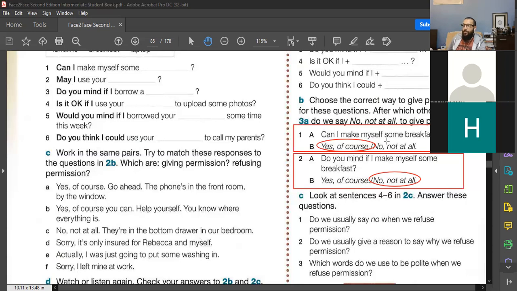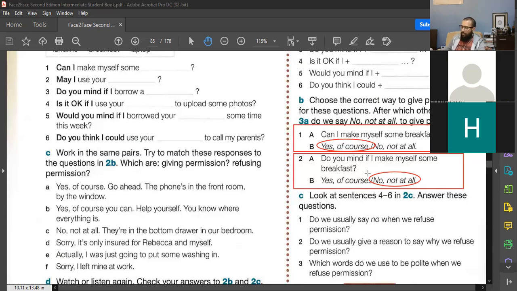Because if someone asks, do you mind? If you say yes, it means you mind. It means there's a problem. Do you get the idea? Do you mind is like in Arabic, do you object. If you say yes, it means you mind, so you won't give permission. So the positive answer to a do you mind question is always negative.